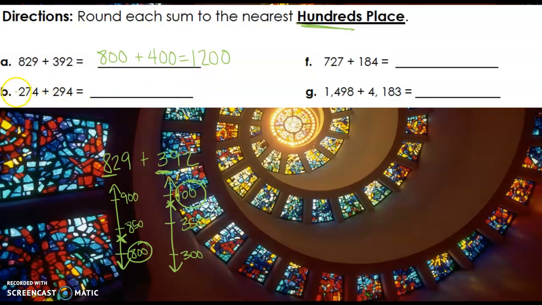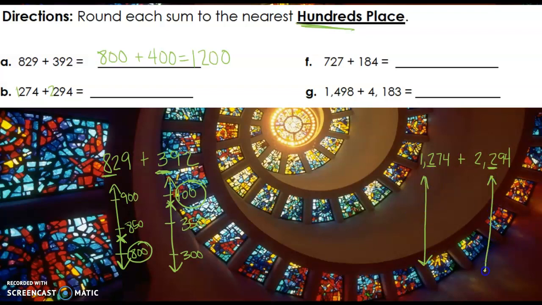All right, let's make this one a little bit harder. Let's add a 1 here and a 2 there, okay? Because you're going to see one that's over here in the thousands. So my first number, 1,274 plus 2,294. Again, I'm rounding to the hundreds place, so I'm going to find that place and underline it.